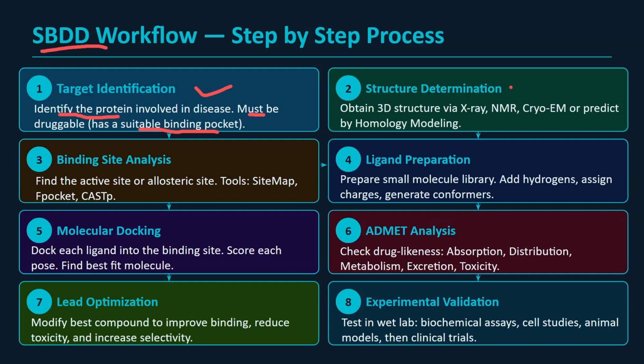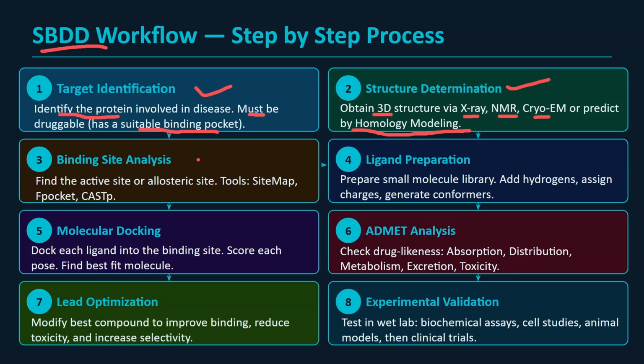Second step is the structure determination, which means we get the 3D structure of a protein from a database called PDB. This is done using different techniques like the X-ray crystallography, NMR, cryo-EM, or by computational method like homology modeling. These methods are used to identify the 3D structure of a protein, which are then further submitted into PDB's database, which is a 3D protein structure database.